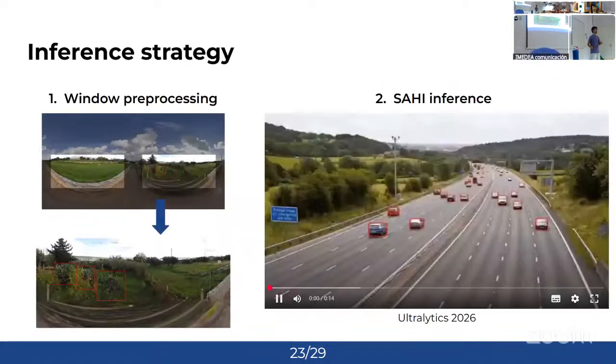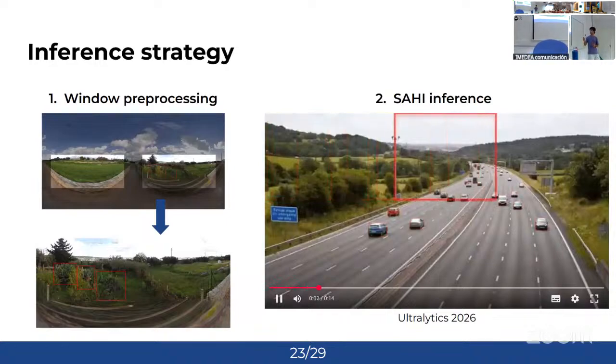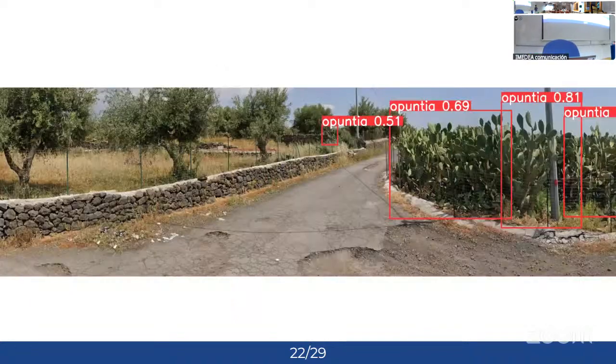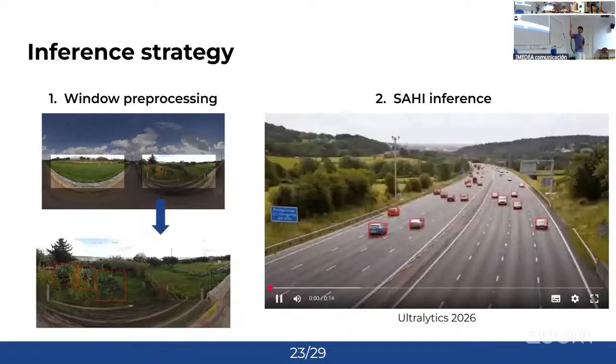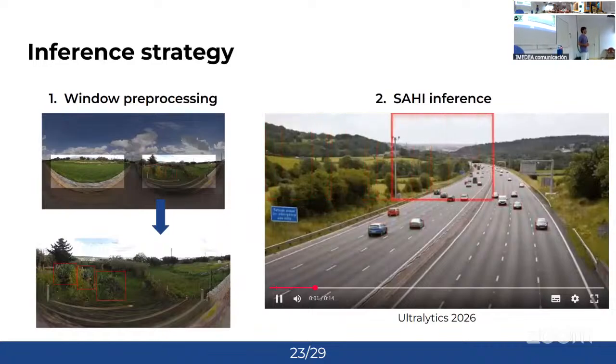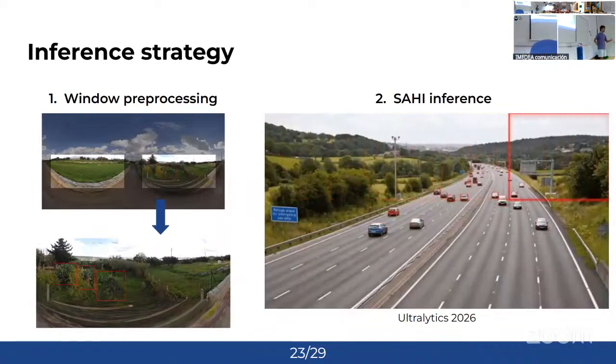Okay, as an object detection model, it is not a really good object detection model, but we can further improve that by, one, a good inference strategy, and then adapting the model. First, the inference strategy consists of two parts.